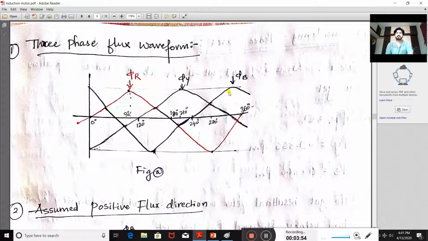Similarly, consider phi b, the flux induced because of the B phase; this is lagging phi r by exactly 240 degree. Hence whatever fluxes are induced in the stator winding, there exists a fixed relationship of 120 degree. This concept we should know before understanding the RMF concept.